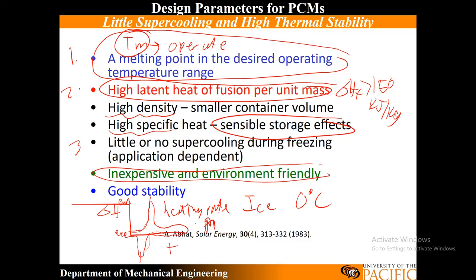Depending on the kinetics and the heating rate, if you increase the rate, this distance here is this delta T. That is your degree of supercooling, the difference in temperature between the melting and the freezing point, and it's just an absolute value. We don't want supercooling because we want that material to be regulated at a very specific TM. If it's melting and cooling at different temperatures, it's going to mess up our application.